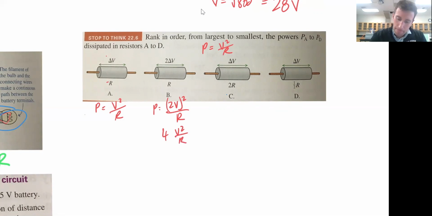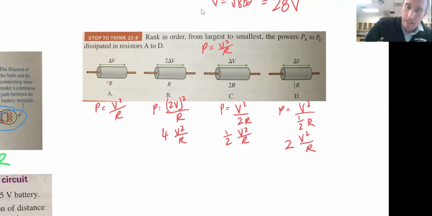For C, it would be power equals V squared over 2R, which is the same as 1/2 V squared over R. And then finally, for V over 1/2 R, power equals V squared over 1/2 R, which is the same as 2V squared over R. So if I'm going to rank them, let's see.